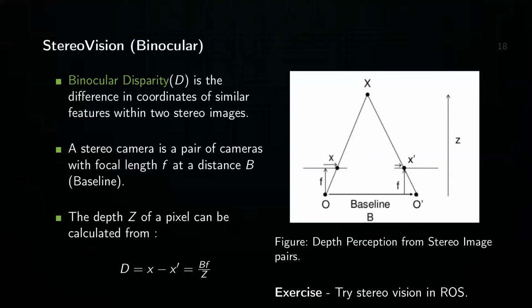For our current purposes, we'll assume that they have parallel principal axes, and hence we can derive the depth from the images captured from these two cameras as the inverse of the disparity of corresponding features in these images. So, as you can see on the right, this can be derived pretty easily with standard trigonometry, right? I'll show you an example using image mapping.